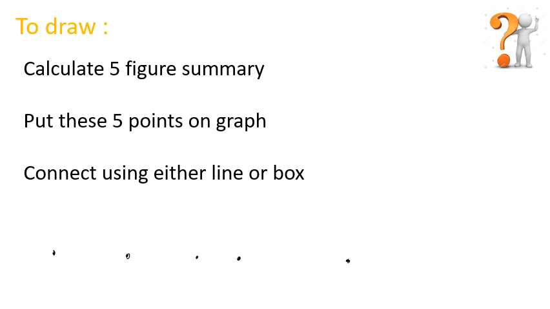Next, connect using either the line or the box. So we know that the first part is a whisker, which is a line, and the end part is also a line because it's a whisker. And the middle section from Q1 to Q3 is the box, like this. And then we just draw a line where the median is as well.